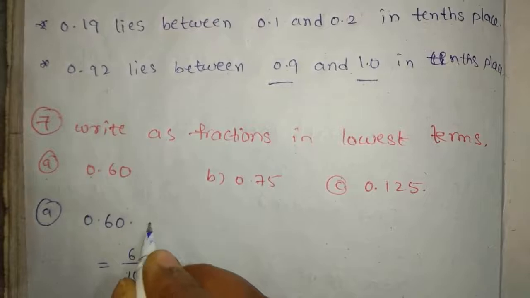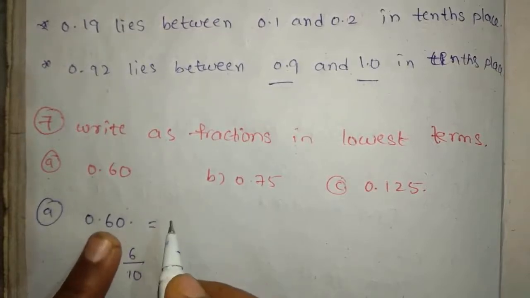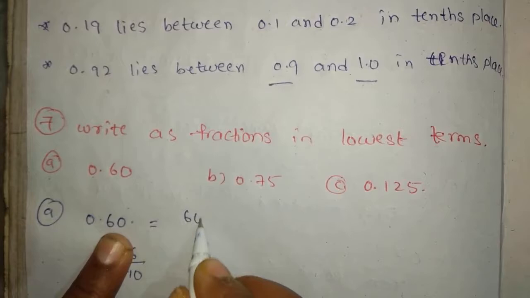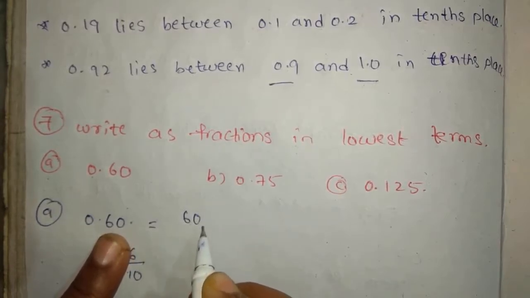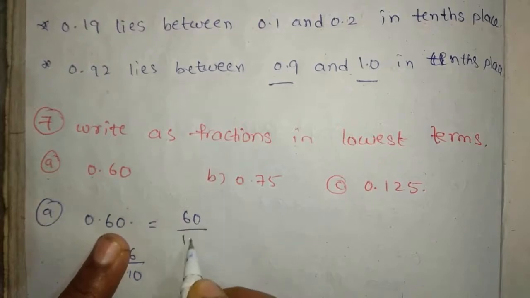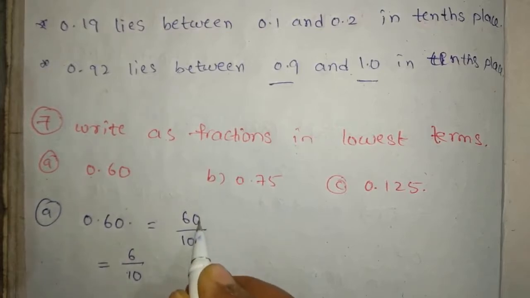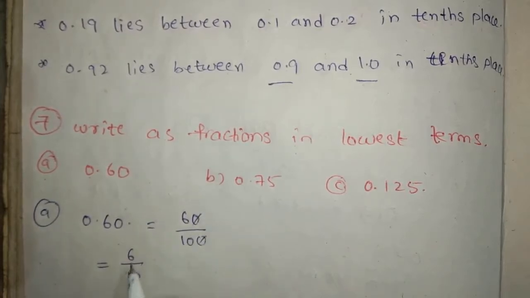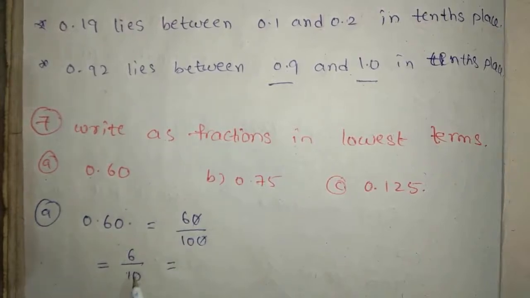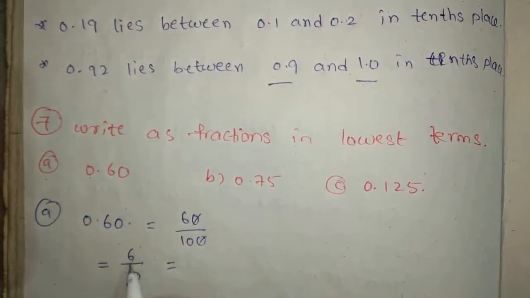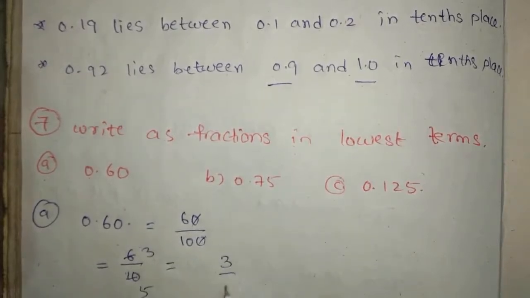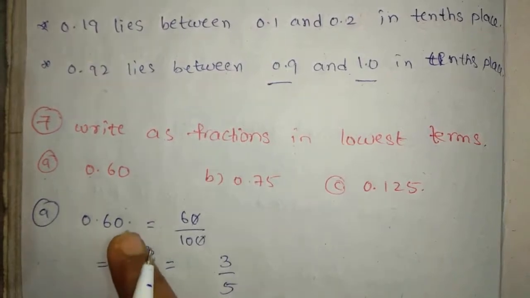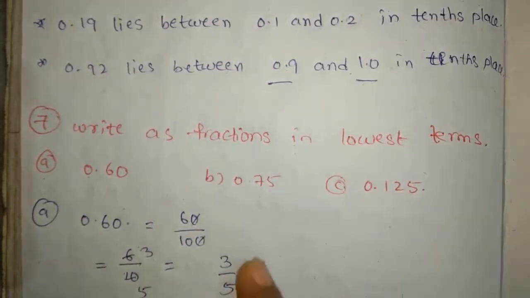Also we can write 60 by 100. Cancel the 0s, that is also 6 by 10. Its simplest form is 2 threes are 6, 2 fives are 10, that is equal to 3 by 5. The lowest term of fraction for 0.60 is 3 by 5.